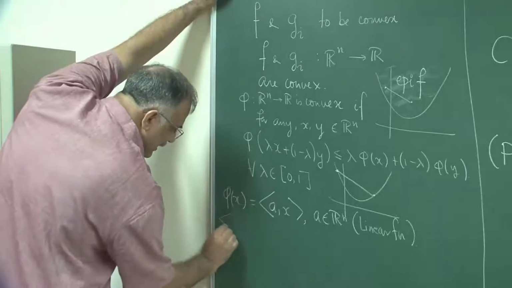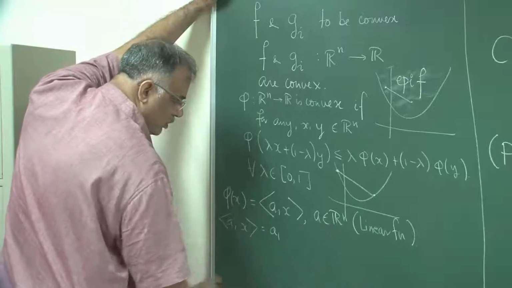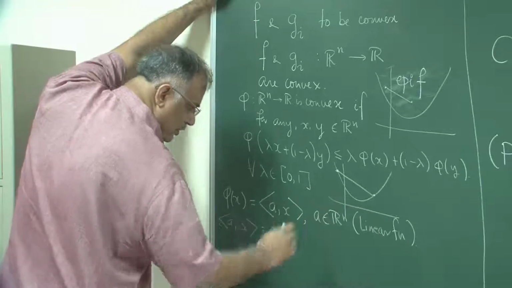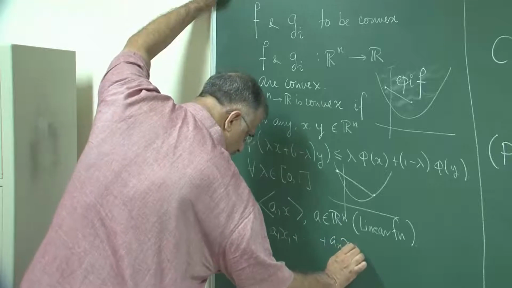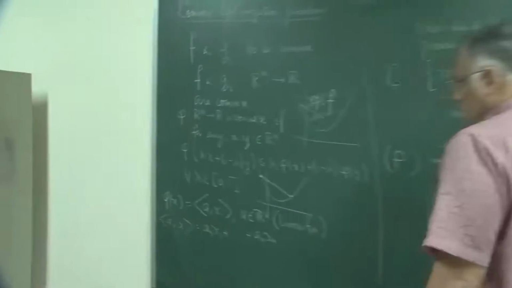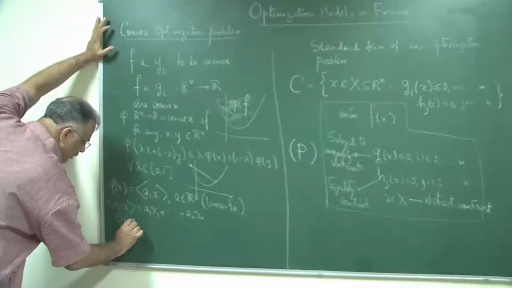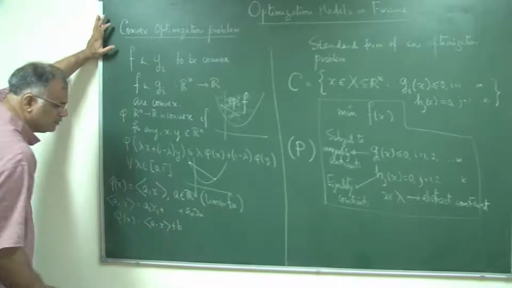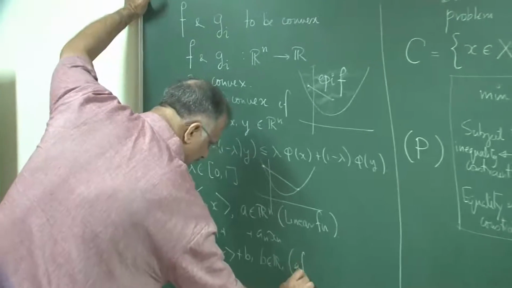So this a x is actually the standard dot product, which simply means if a1 to an are the components of the vector a and x1, x2, ..., xn are the components of the vector x, then this is nothing but this quantity, the extension of the notion of multiplication. So if you add another real number b to this linear function, then what you get is called an affine function.